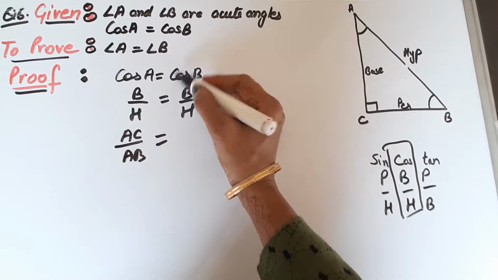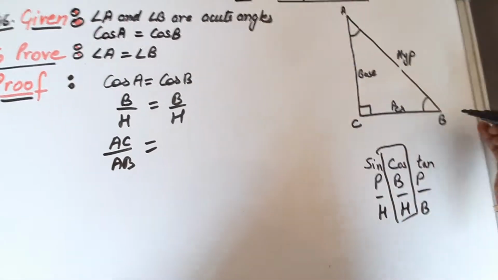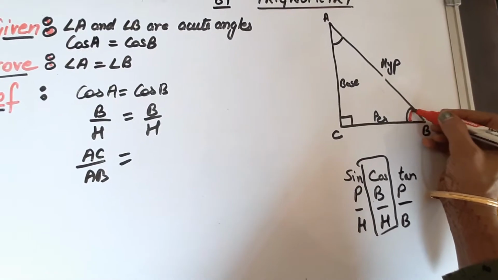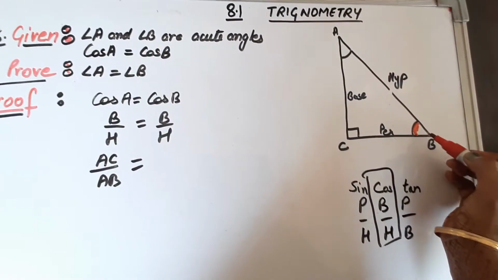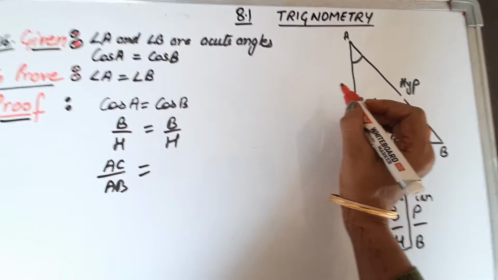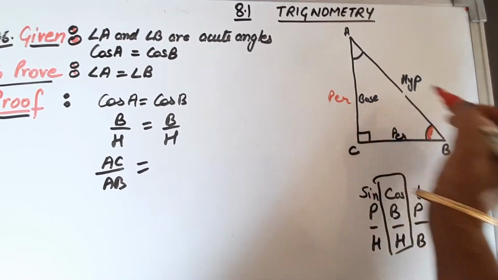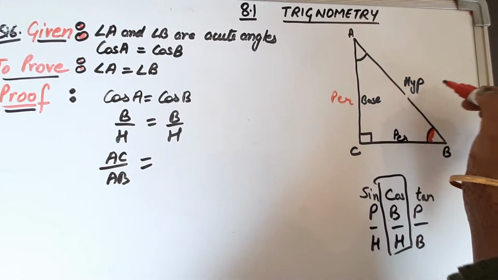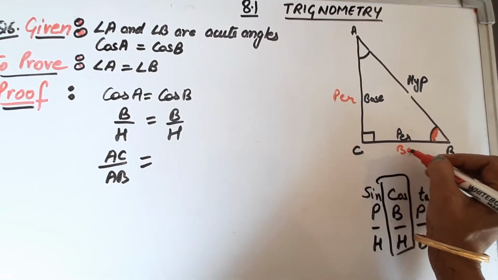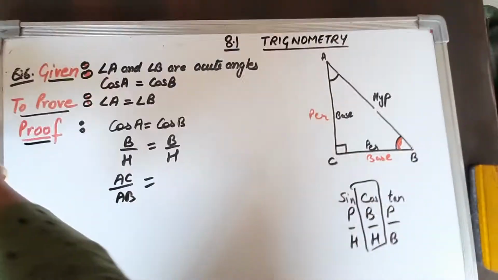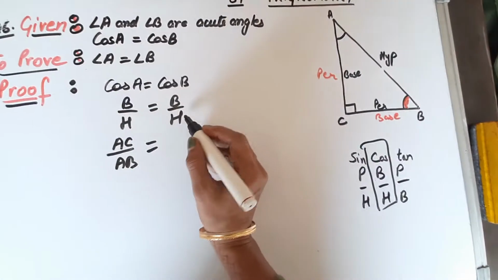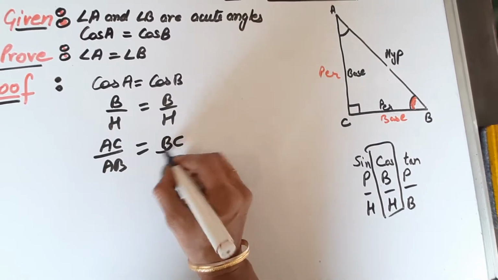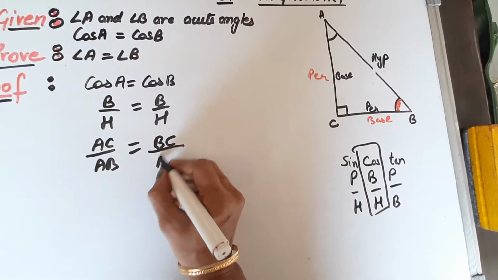Now for this cos, the angle is B. This angle is there. So let me mark this angle with red marker, and if this angle is there, then the side opposite to this will be the perpendicular, and hypotenuse is always fixed, this will be the base, right? So now we will write base as BC, because according to angle B, BC is the base and hypotenuse AB.